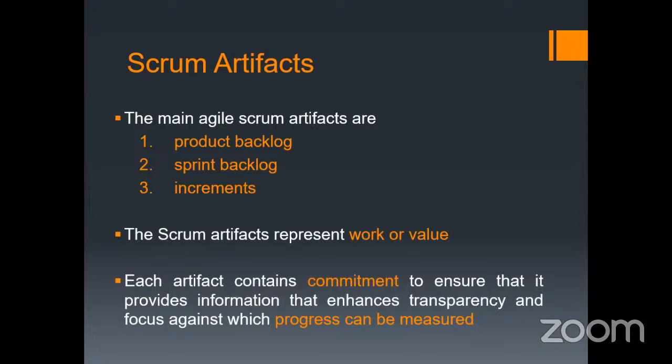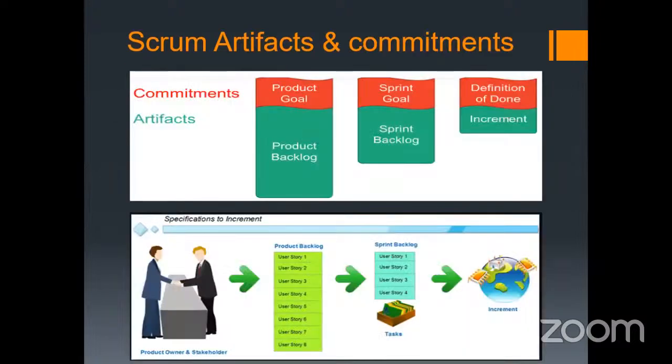It means that whatever commitment is provided to the product backlog, sprint backlog, or increment, it will enhance the transparency. And if you have to check what work has been completed till now, that will be cross-checked against the commitment given for each artifact. So here we are discussing the Scrum artifacts and respective commitments.